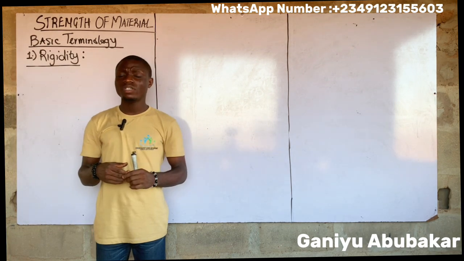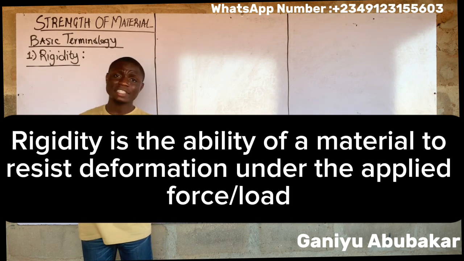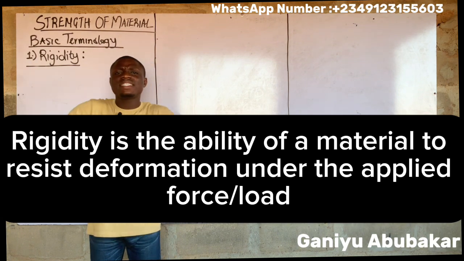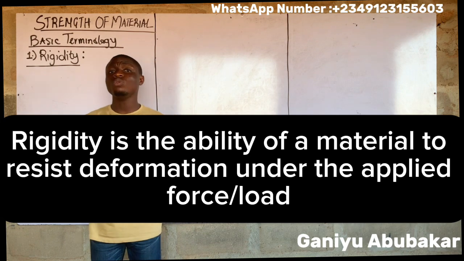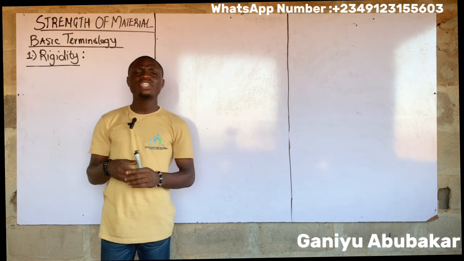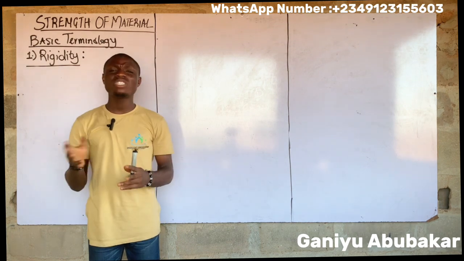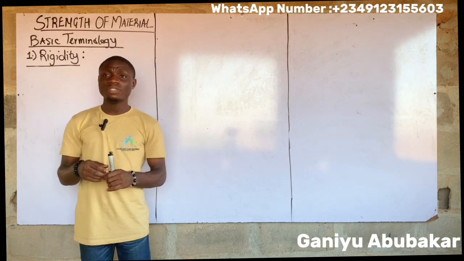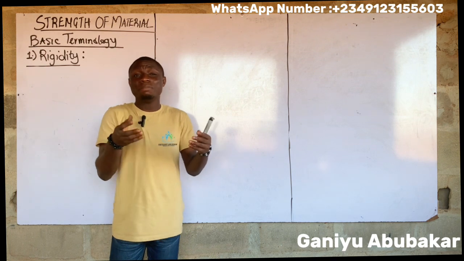By definition, rigidity can be defined as the ability of a material, object or body to resist deformation under the applied force or load. That becomes your definition for rigidity. Now, what's the difference between a rigid and a non-rigid body? Let's say I have a bread, for instance.